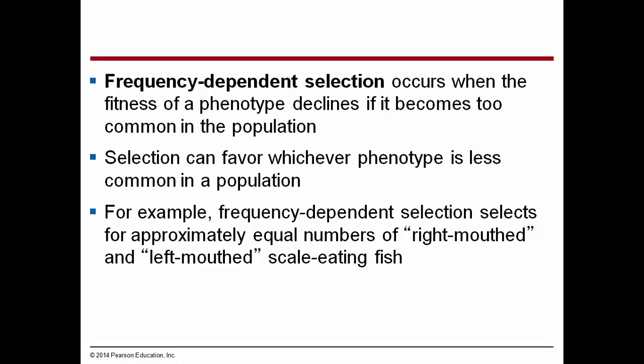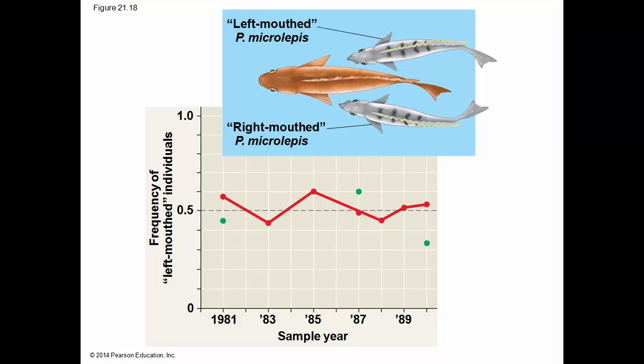And then the prey population will become more aware of that, and it will select against the right-side feeding, scale-eating fish.